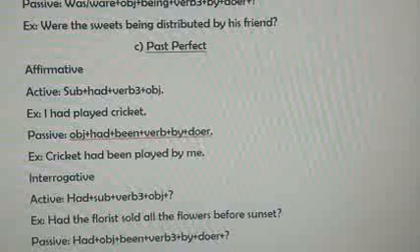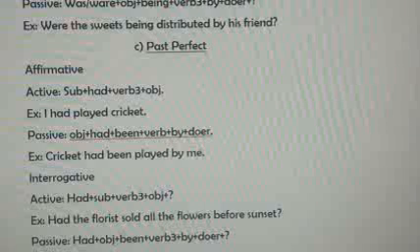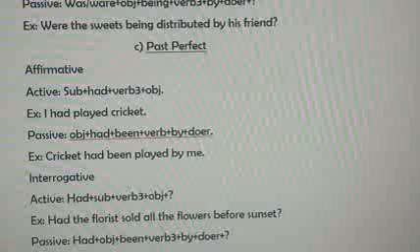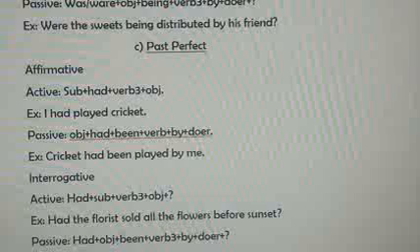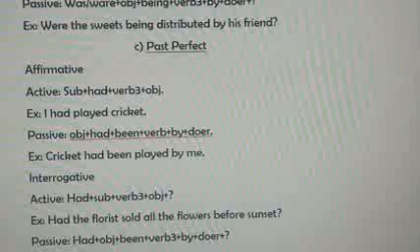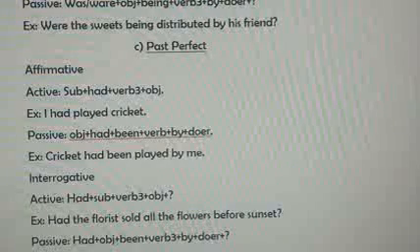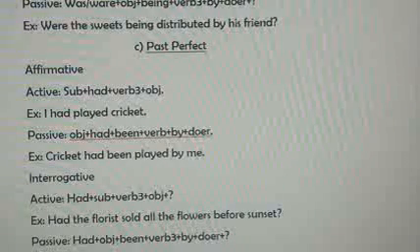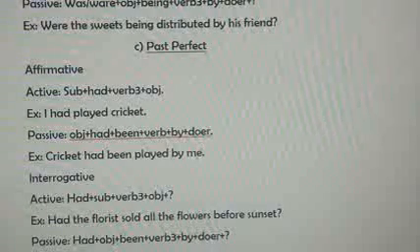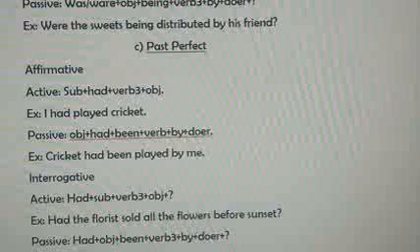So my dear children, the passive voice for this sentence will be: Had all the flowers been sold by the florist before sunset?